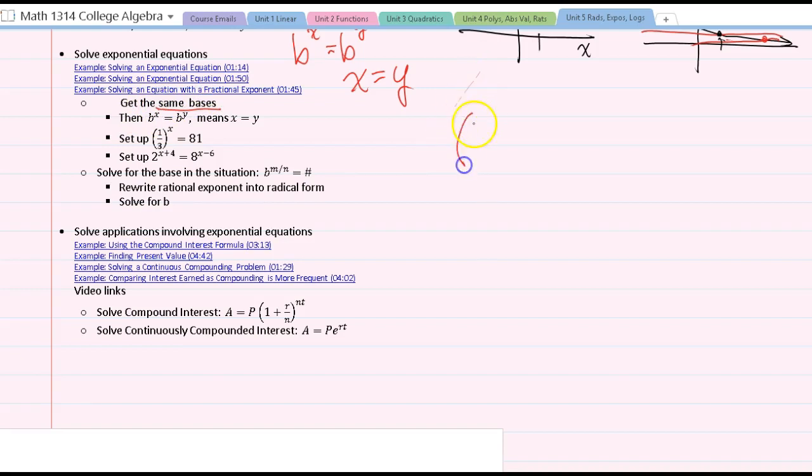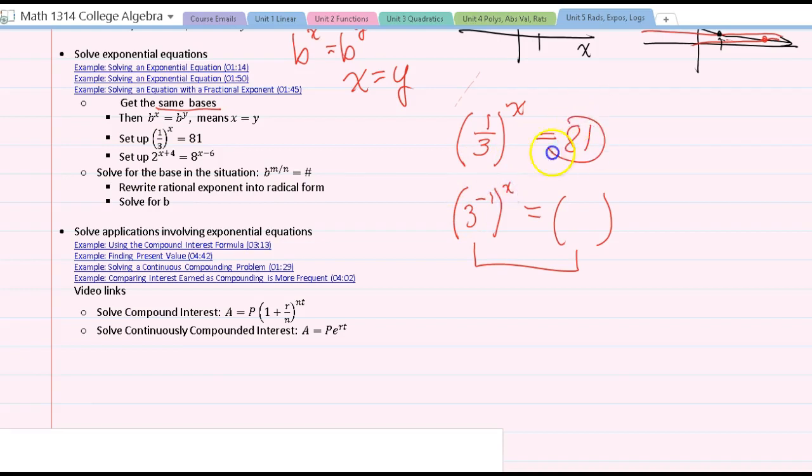So if I have something that looks like (1/3) to the x power, and that's equal to 81, the question is, can I write this such that it has a base and an exponent? And if I can write this 81 with a base and an exponent, then we can just say that two exponents are equal if we can say that our two bases are equal. So I'm going to write the 1/3 as 3 to the negative 1, and I still have my x exponent.